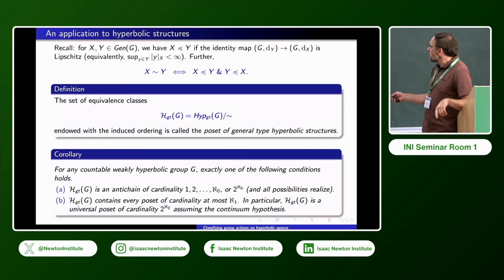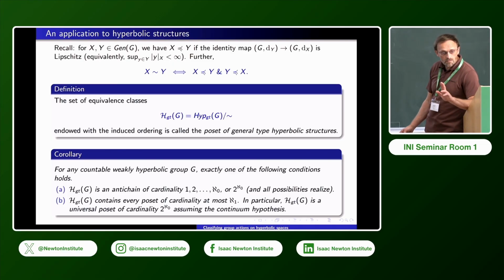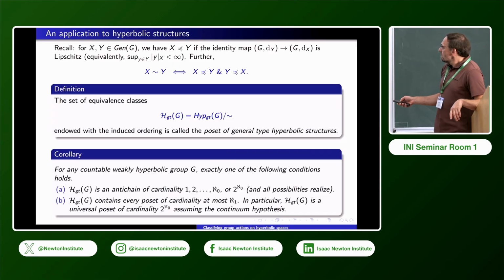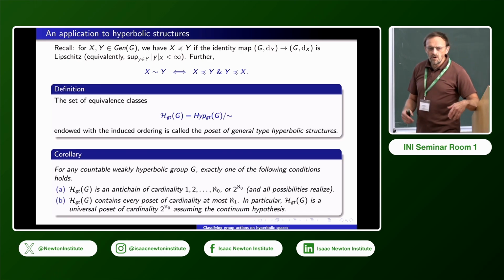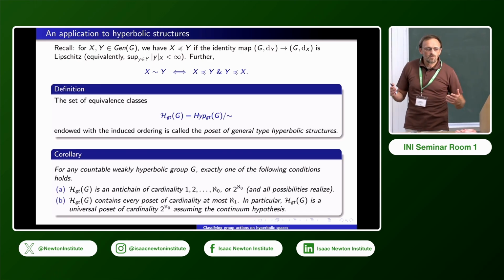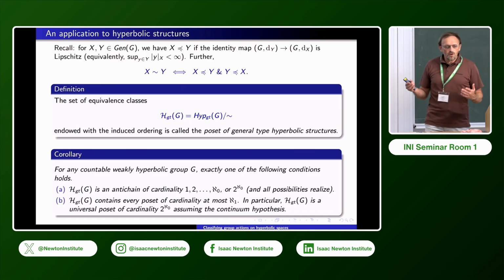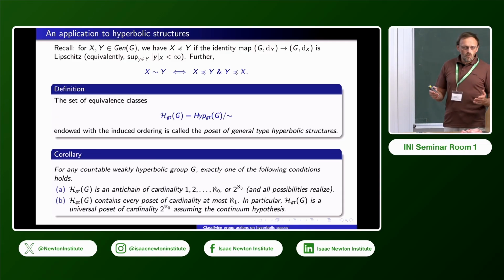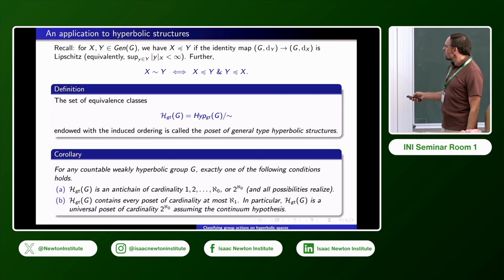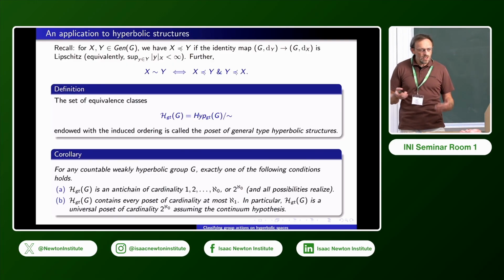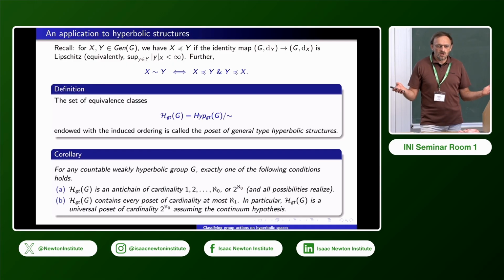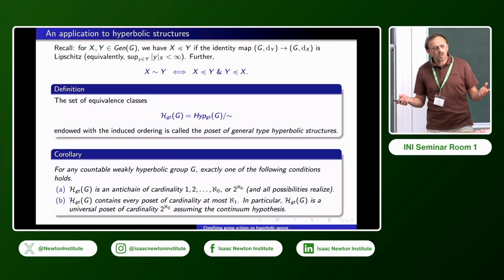So this is the simple case, it's an anti-chain. Or it contains every partially ordered set of cardinality at most aleph 1, which means it's very complicated, unlike in the first case. In particular, if you accept the continuum hypothesis, then this is a universal poset of cardinality continuum, meaning that it contains any other partially ordered set of the cardinality of the continuum.